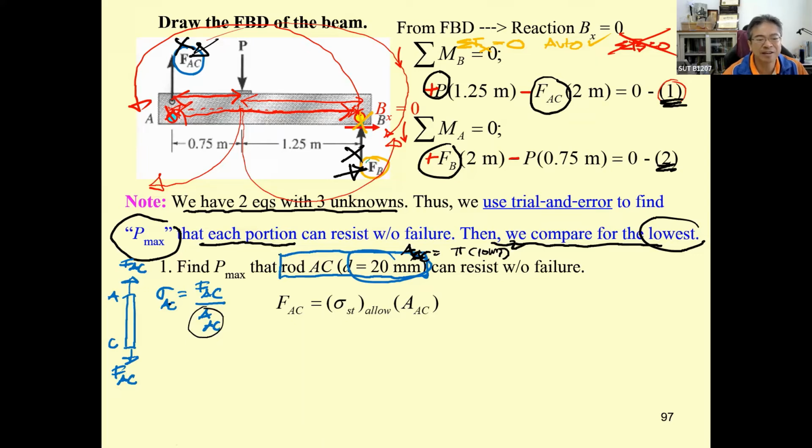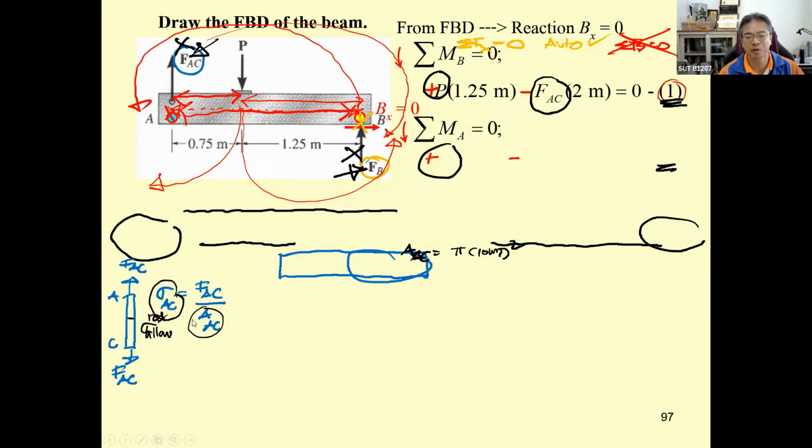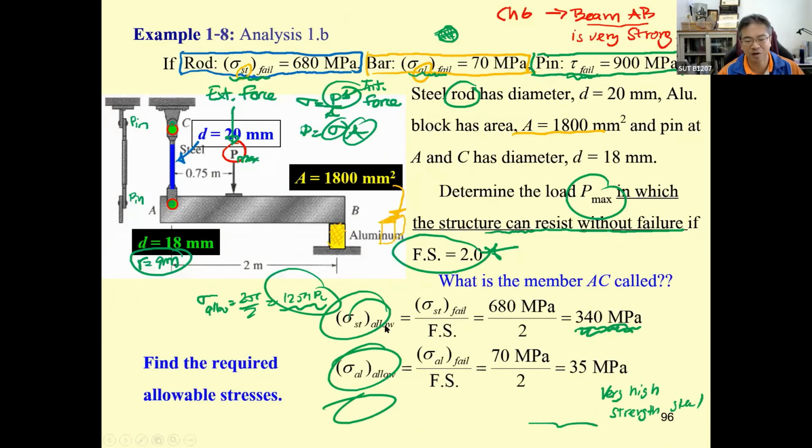Sigma sub AC will be the allowable stress of the steel rod, which we computed from the previous slide: 340 megapascal.